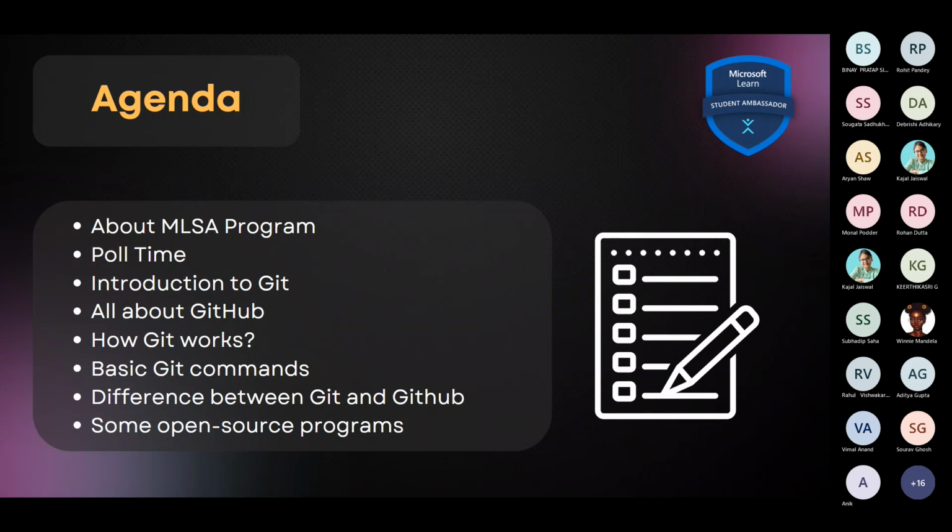After that, we'll be having Git and GitHub. After that, we'll know Git commands with a demo, and then I'll explain the difference between Git and GitHub. Last but not least, talking about some open source. And at last, I'll be sharing a feedback form that you all must fill.